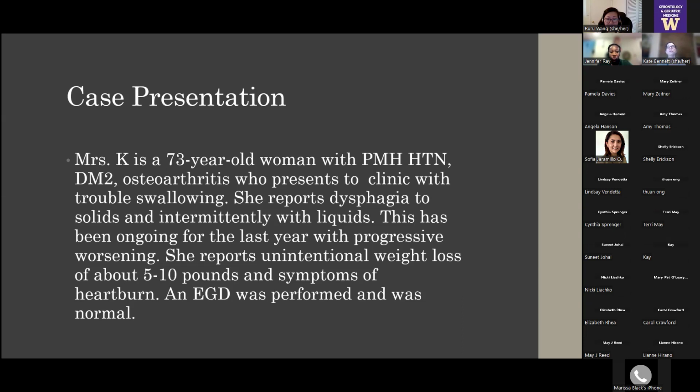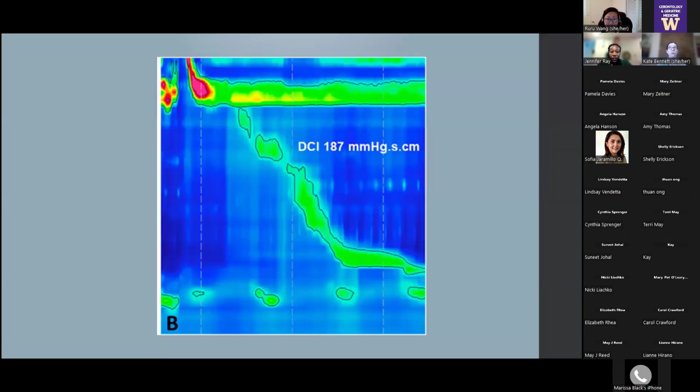So what are we going to do for this young lady? We ordered an esophageal manometry study. For those who have not seen an esophageal manometry study, it's broken up into three parts, as is your esophagus. So you have your upper esophageal sphincter down here, your lower esophageal sphincter down here. And then this you can imagine is the body of your esophagus in this space here.